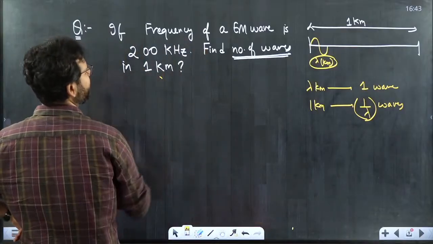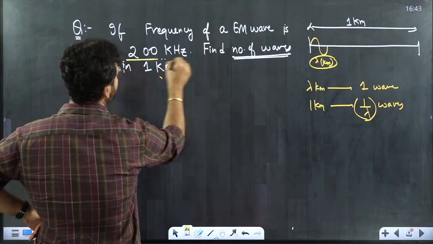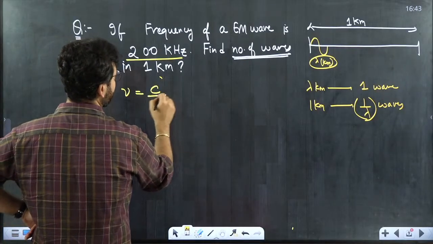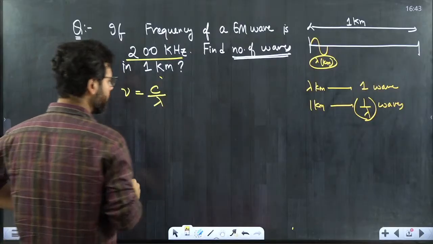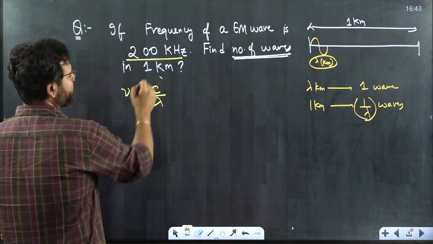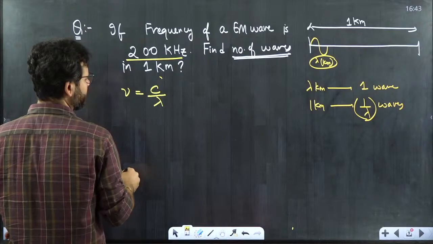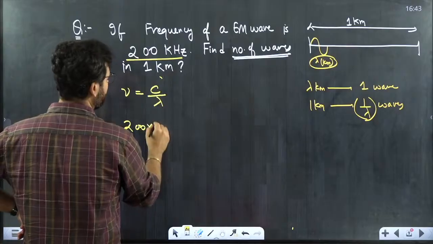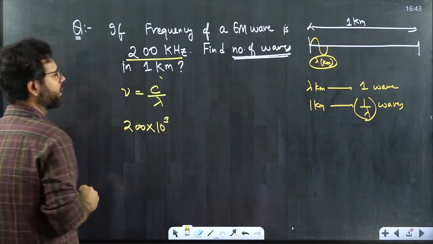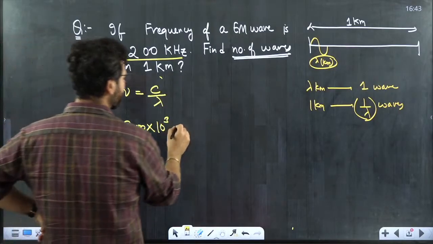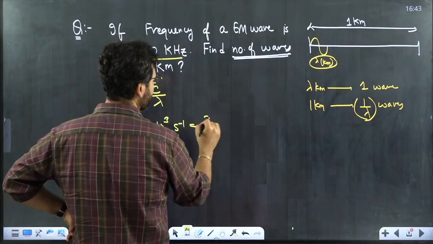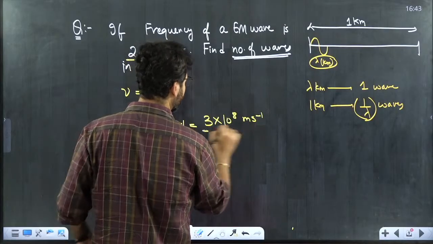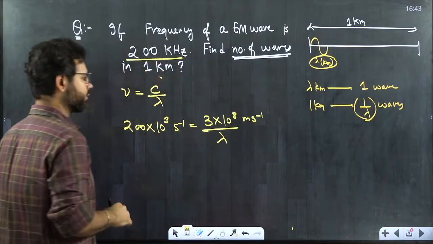So our first aim is to find lambda. Frequency is 200 kilohertz, so frequency equals c by lambda. I'm trying to find lambda in kilometer units first. Frequency is 200 into 10 power 3 hertz, kilo meaning 10 power 3 second minus 1, equal to the speed of light, 3 into 10 power 8 meter second minus 1, by lambda, which will come in meter first.